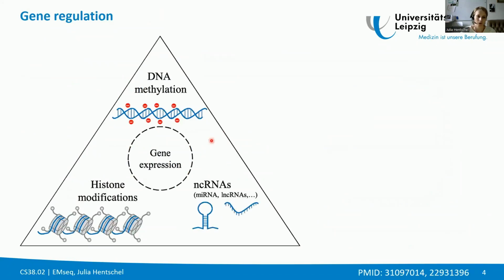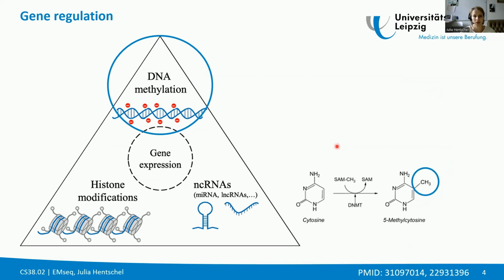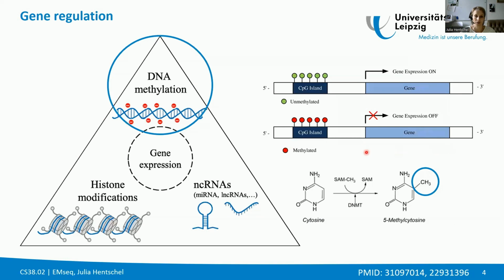So when we talk about gene regulation or gene expression, there are three major mechanisms, to keep it simple for today, and we will focus here on DNA methylation in my talk. It means that a methyl group is added to cytosine by DNA methyltransferases, and this often occurs in the CpG islands of promoters, and this leads to gene silencing.